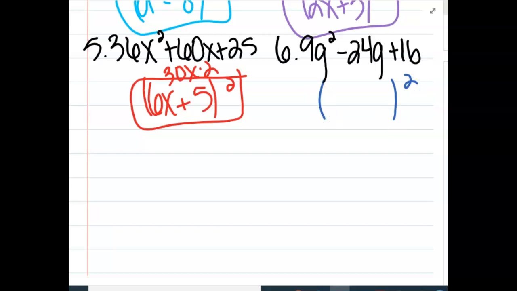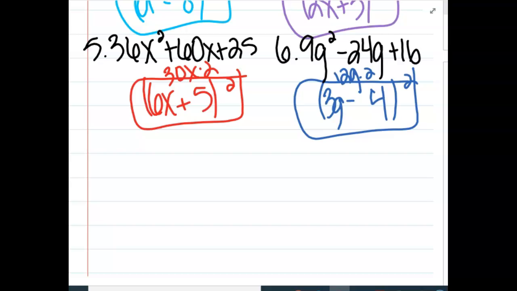So let's try to factor it as a quantity squared. What squared gives me 9g squared? 3g times 3g. What squared gives me 16? 4 times 4. 3g times 4 gives me 12g. Times 2 gives me 24g. This is going to be a plus or a minus.